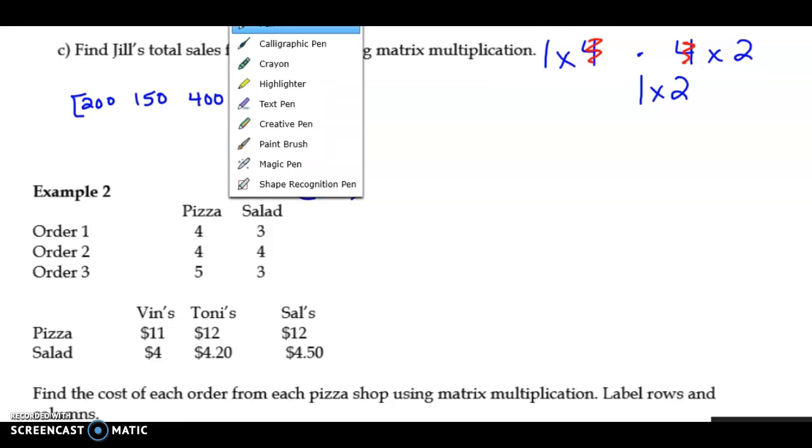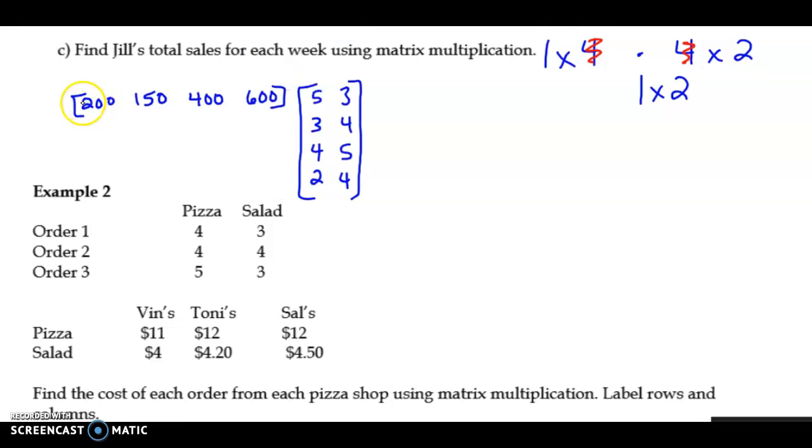So when we multiply these, we want to take the first row times the first column. And that's what we're going to add. We're going to multiply and add all those up.